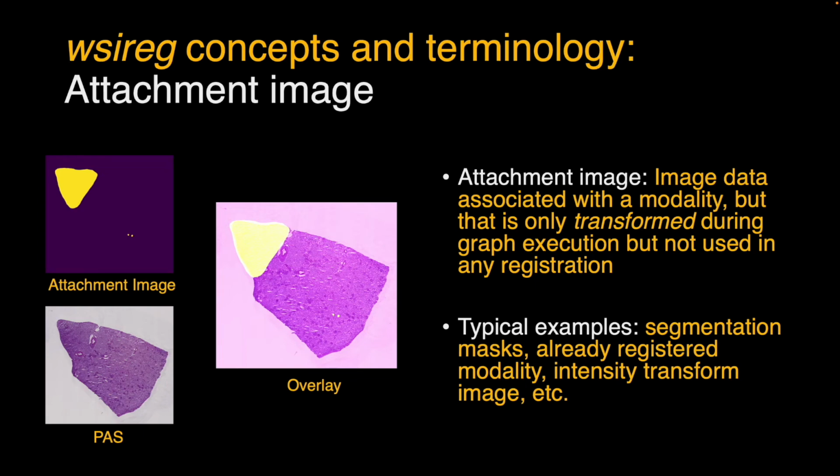This may be an intensity transformed image, like I said, a segmentation mask. What will happen to this image is that it will be transformed along the same path as your original image, so that you can, for instance, resample the attachment image in the same way and transform it as the modality to which it's attached.